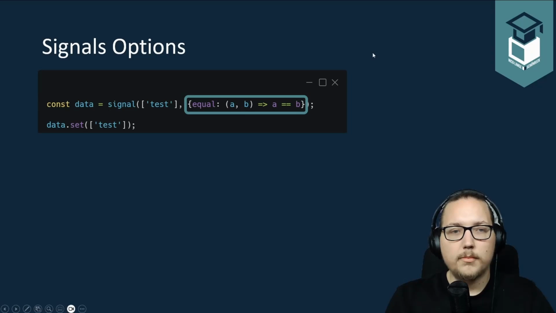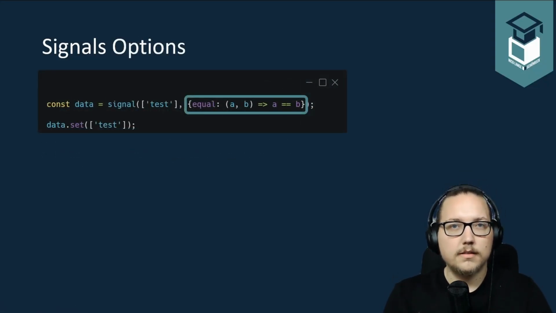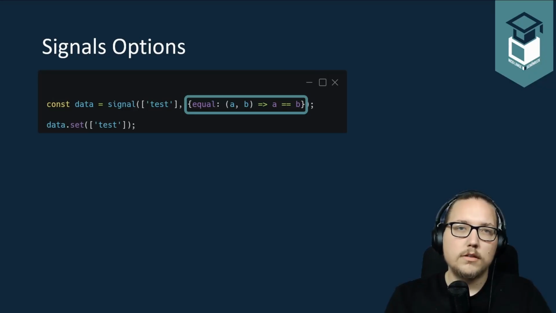Normally, if you update the data set with data.set, it will update the signal value, but it will not trigger effects, which we will also cover next, and computed values, because if you provide the same value from an object perspective, like the same reference, it will ignore it and will not trigger the computed or effects.